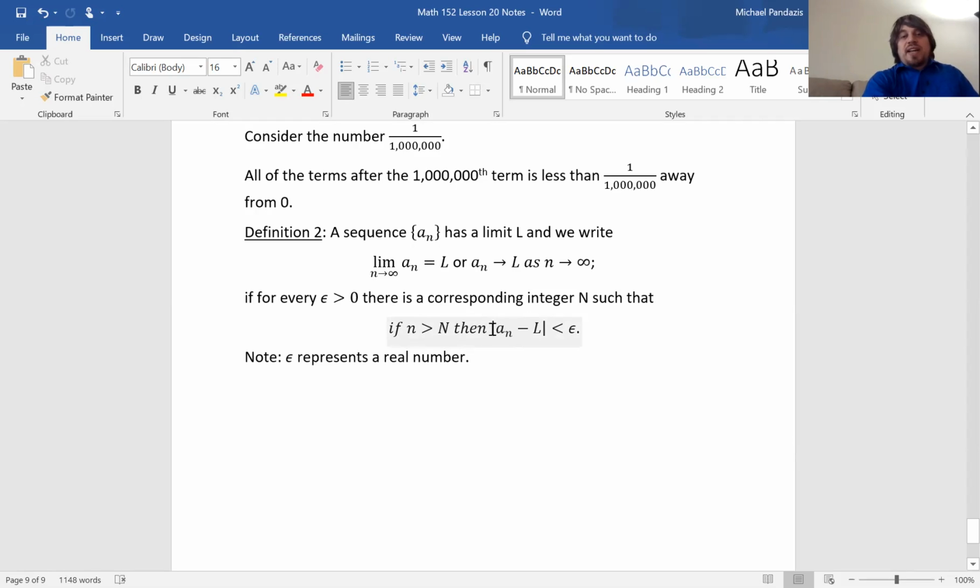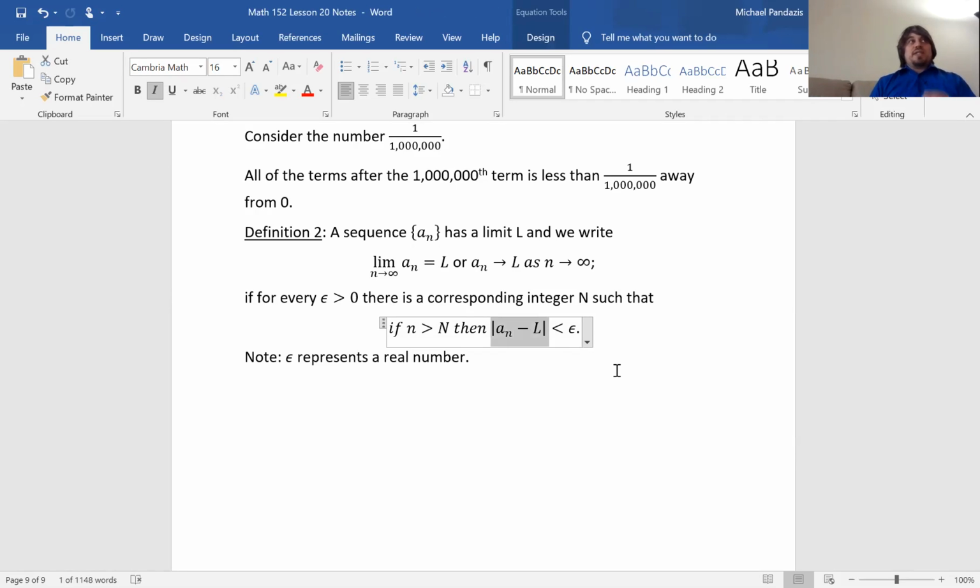The absolute value of a sub n minus L is the distance between a sub n and L, right? The absolute value of 1 minus 3 is 2, because the distance between 1 and 3 is 2, right? The distance doesn't matter which one's larger. So the absolute value of 1 minus 3 equals the absolute value of 3 minus 1, right? The distance between 1 and 3 is 2. It doesn't matter the order.